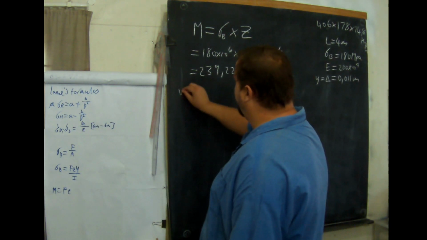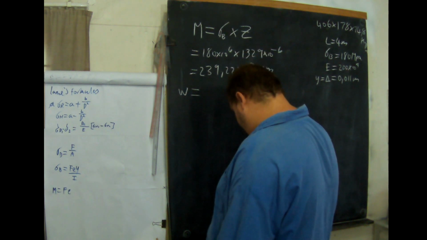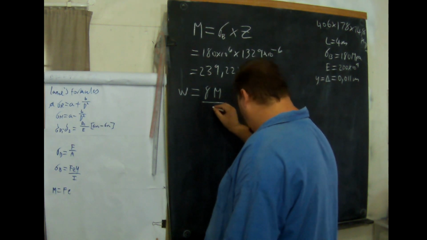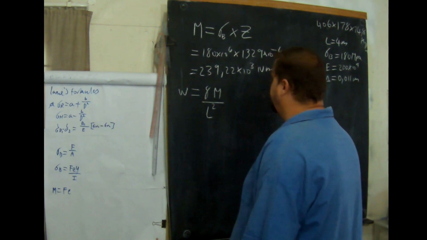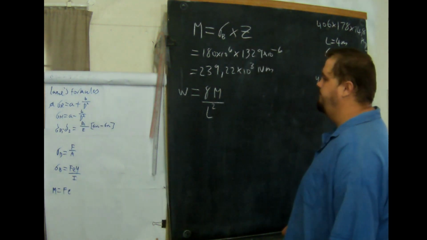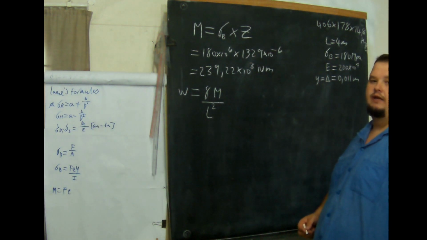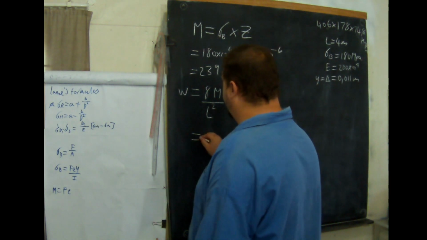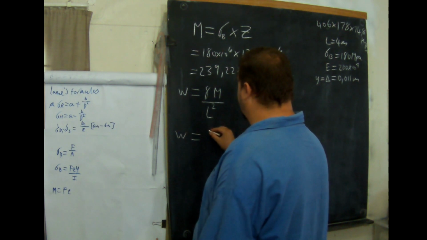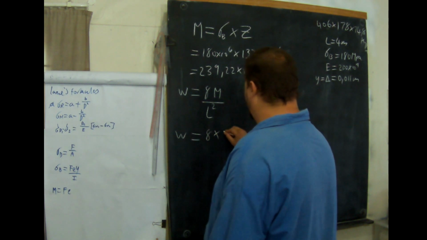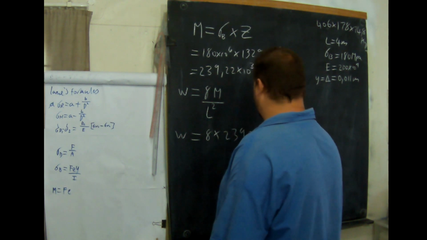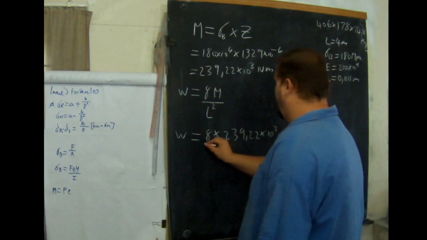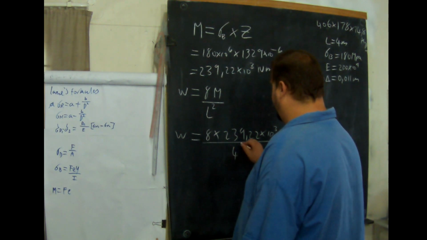Okay, next step, we want to find the weight. So W is equal to 8M over L squared. So that's why we needed M, which was calculated there. So all we have to do now is say W is equal to 8 times 239,22 times 10 to the 3 all over 4 squared.